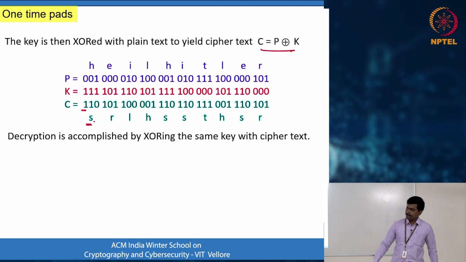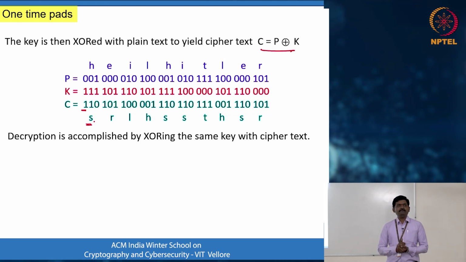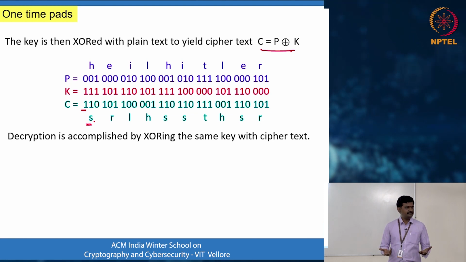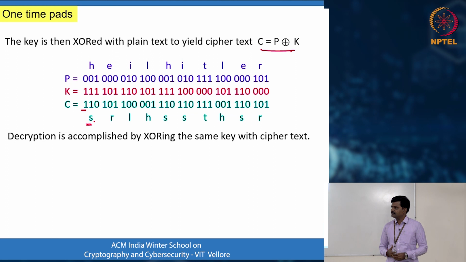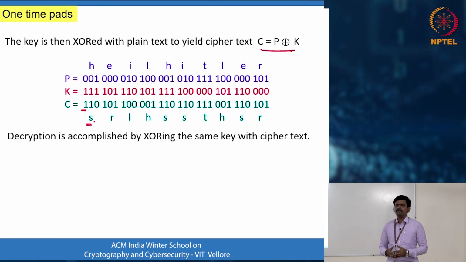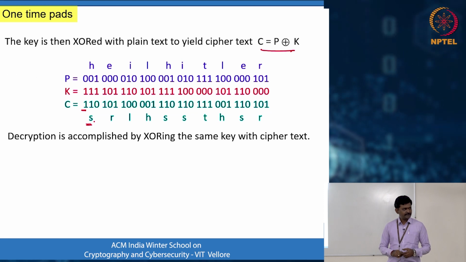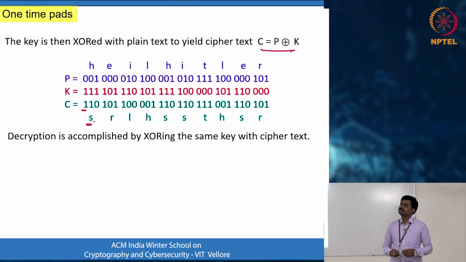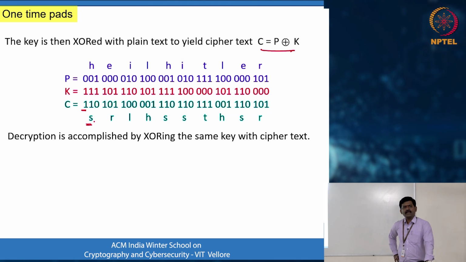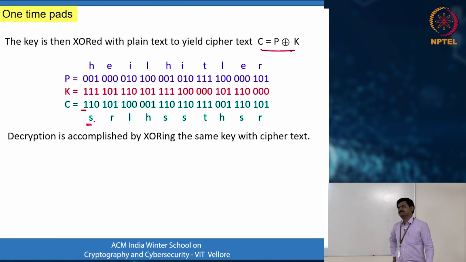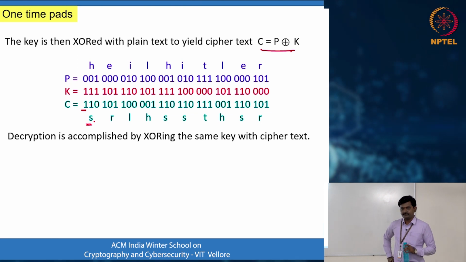So this is my cipher text. How do I decrypt? Take the cipher, apply the key and perform bitwise XOR. What do you get? Plain text back. Can I apply an AND gate?